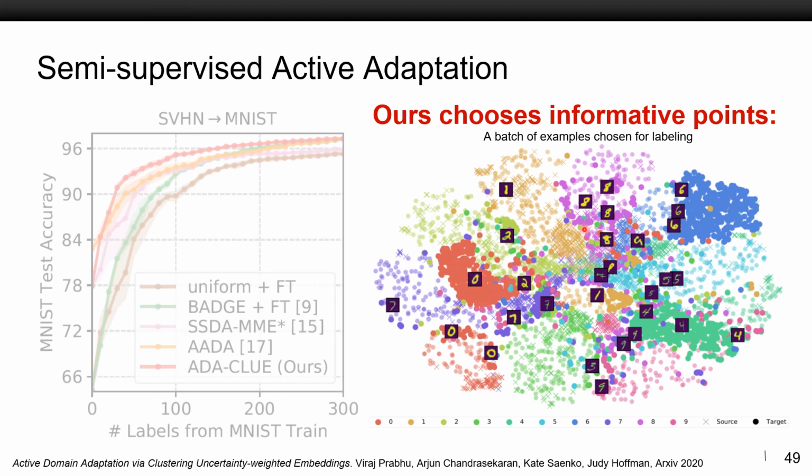Here, solid points mean that they're being incorrectly labeled by the source. So these are target points that are being incorrectly labeled by the source. And we see that our method is choosing points from those regions more often than the correctly labeled ones. Of course, our method doesn't have access to the labels. That's just for visualization.